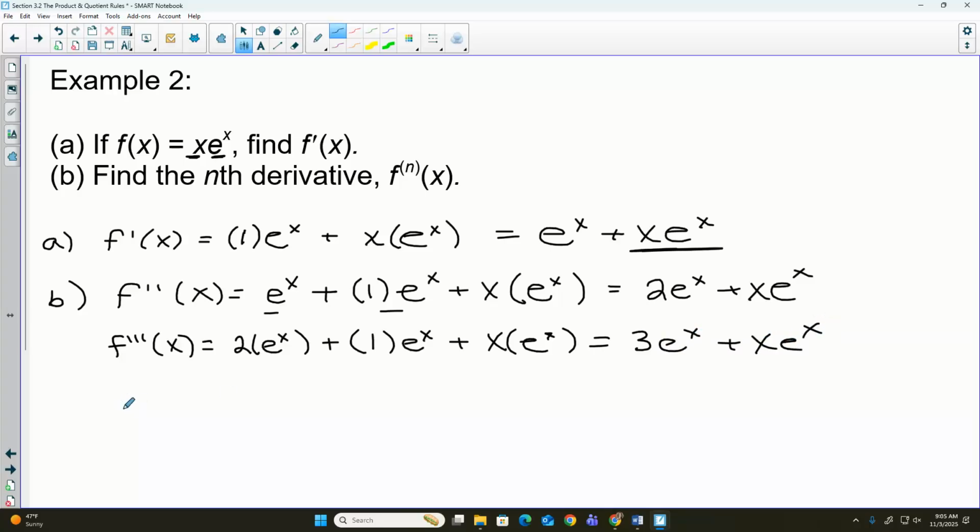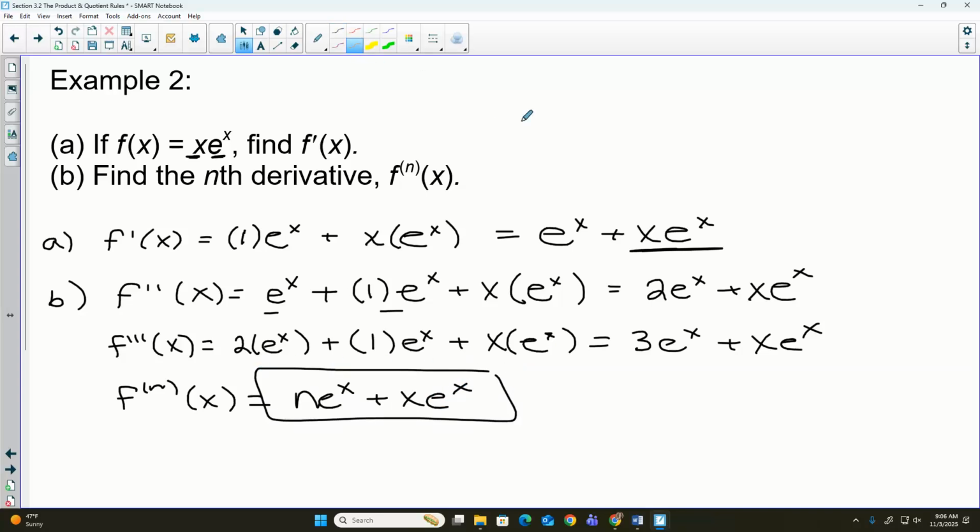So my nth derivative would be what? n e to the x plus x e to the x. Perfect. Because the first derivative had 1 e to the x, and we still had the x e to the x.